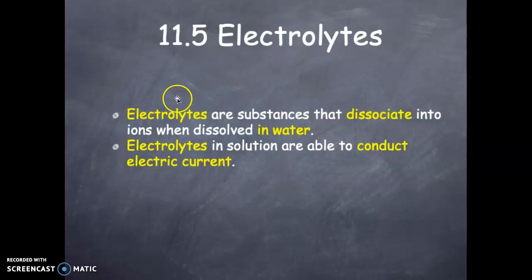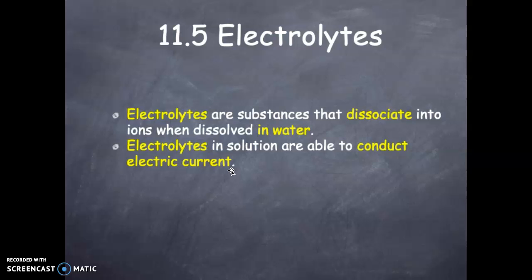Electrolytes now. An electrolyte is a substance that dissociates into ions when dissolved in water. Electrolytes in solution are capable of conducting electrical current.